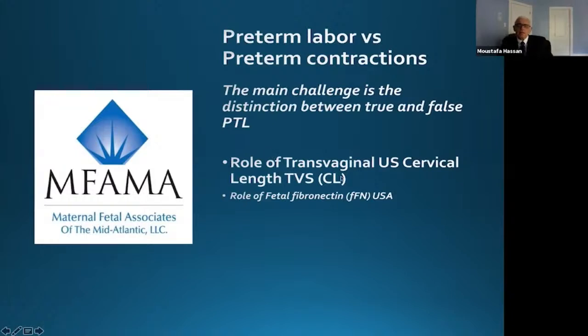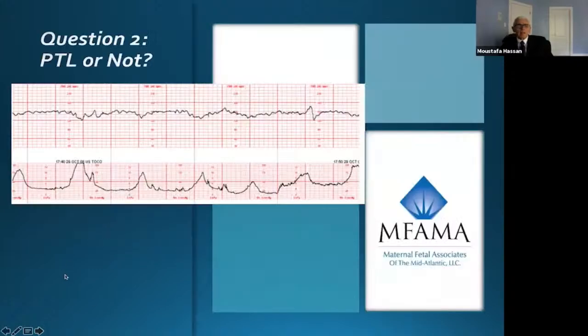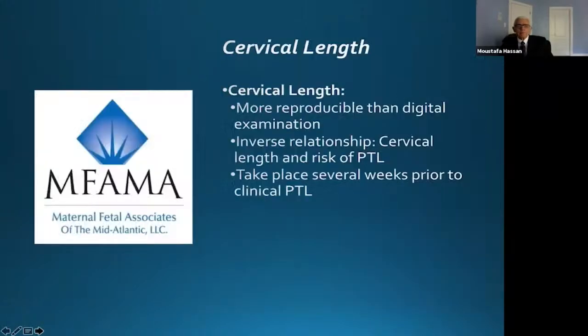And here comes the role of the transvaginal ultrasound for cervical length. Okay. Cervical length is more reproducible than digital examination. I examine somebody and I have big fat fingers, and I call this person 1 centimeter.